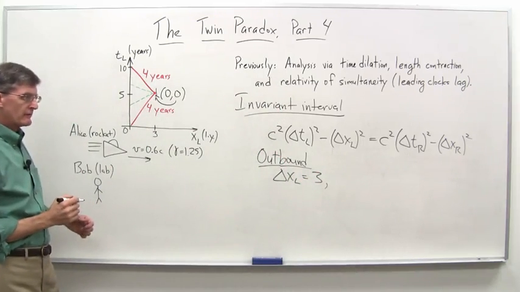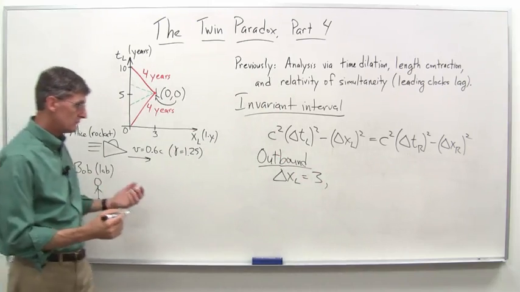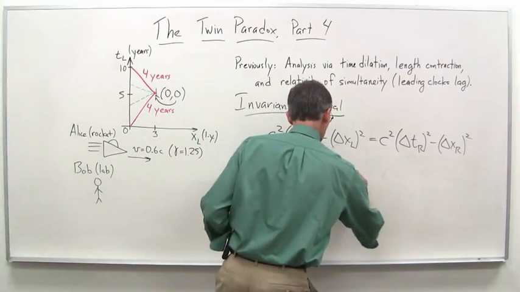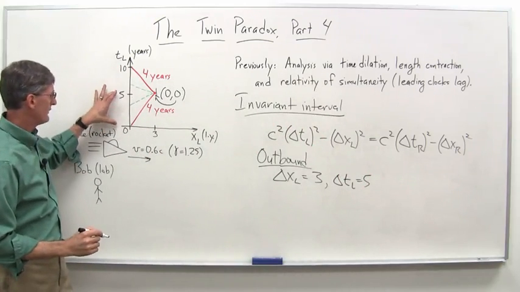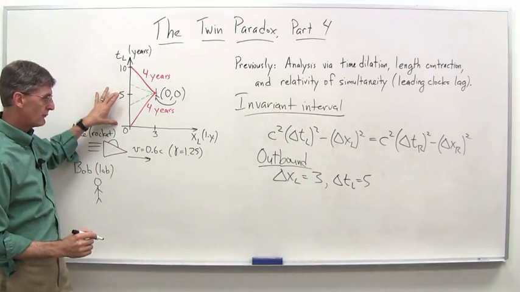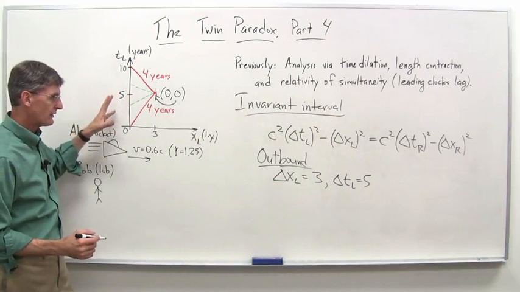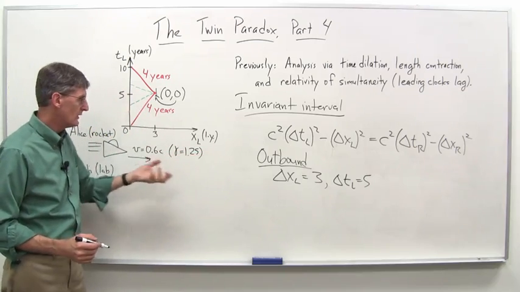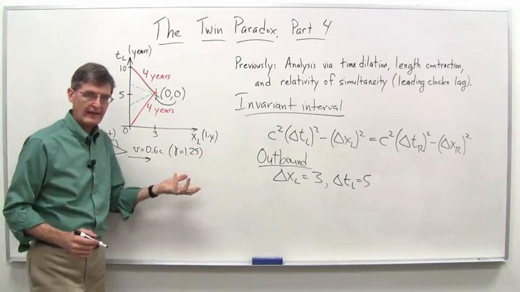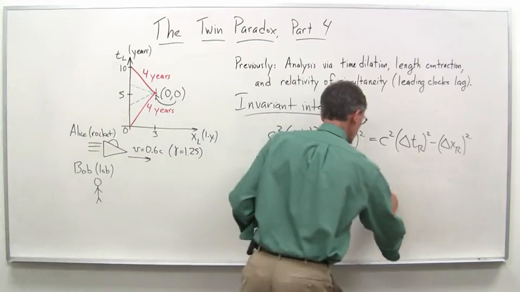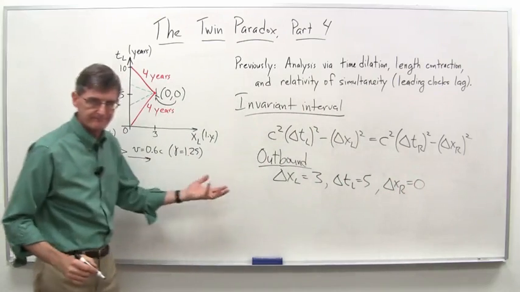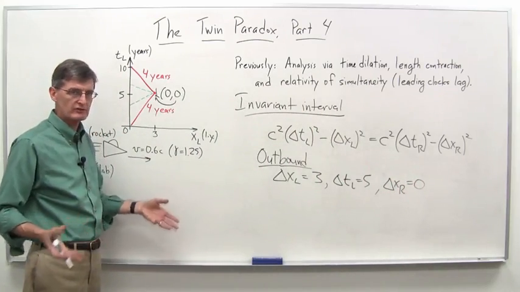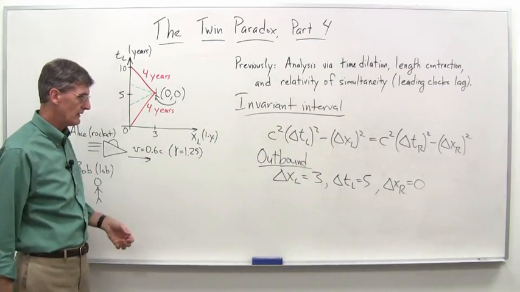In this case, delta T L, again, we're assuming we've done Bob's analysis, delta T L is 5 years for the outbound case. And the other nice thing with the invariant interval is that delta X R for Alice, as we've already mentioned a couple times, is just 0. Right? Because from her frame of reference she's not moving. She's just in her spaceship.